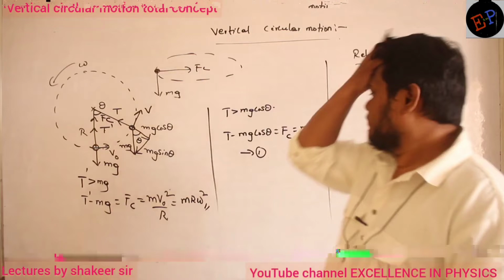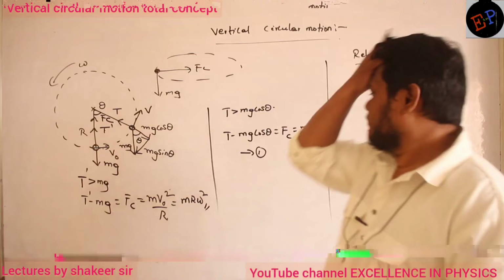So how can I calculate the relation between final velocity and initial velocity? I can do it by two methods. Either I can use the law of conservation of mechanical energy. The body is moving only because of gravitational force. Tension is there, but tension cannot do any work here. Why?